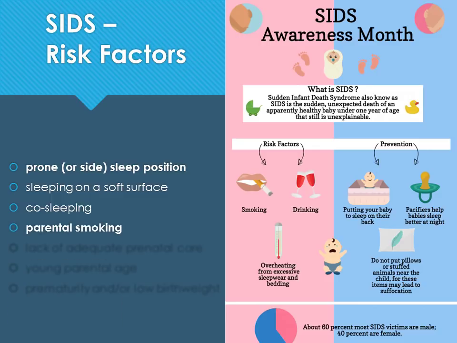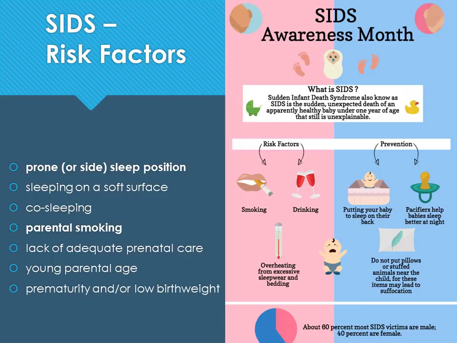Parental smoking is one of the biggest risk factors that we've seen. Lack of adequate prenatal care, young parental age, and prematurity and/or low birth weight of the infant. You'll see that I included in here a public awareness campaign on SIDS that outlines some of the risk factors and some of the preventing factors, which we'll talk about.